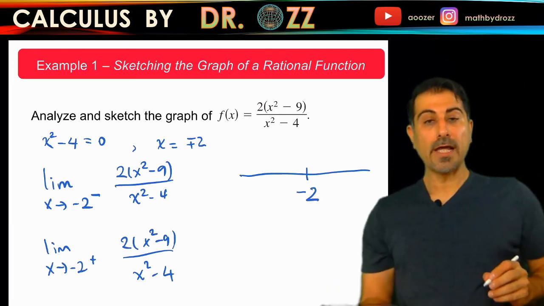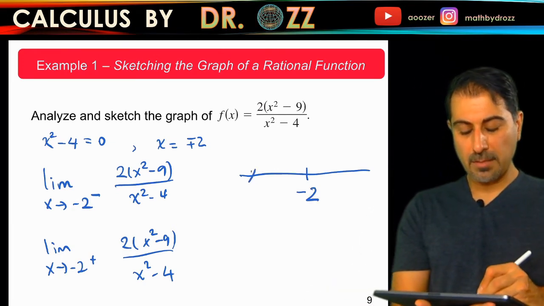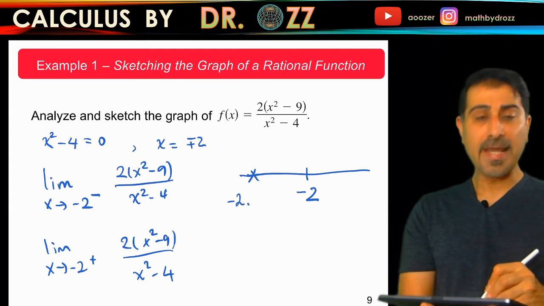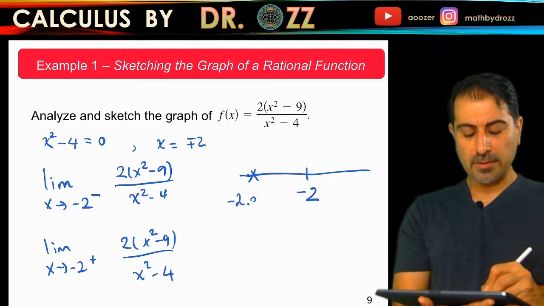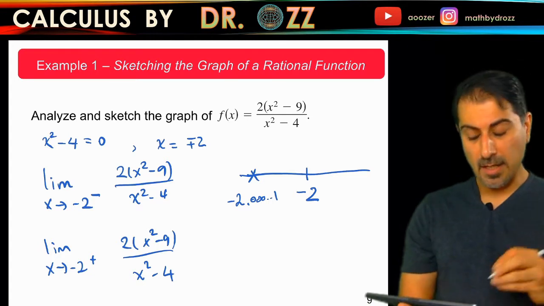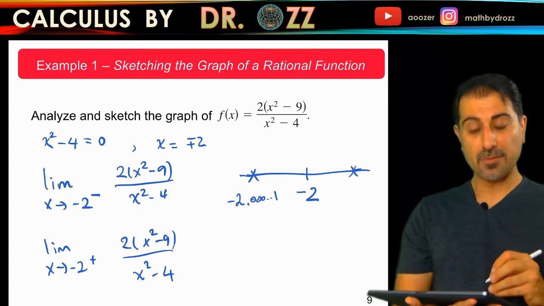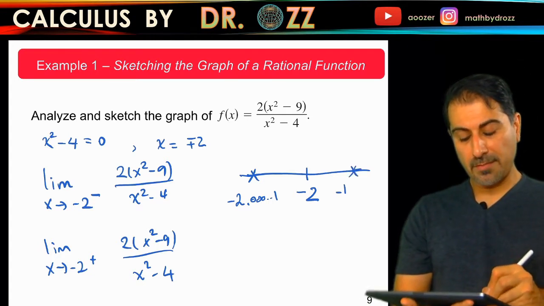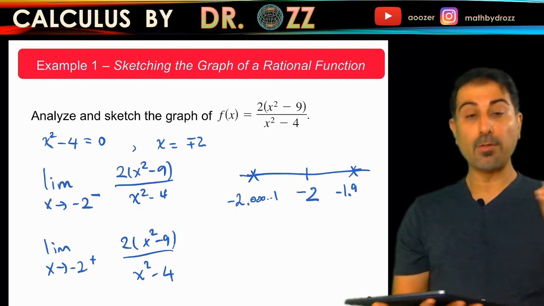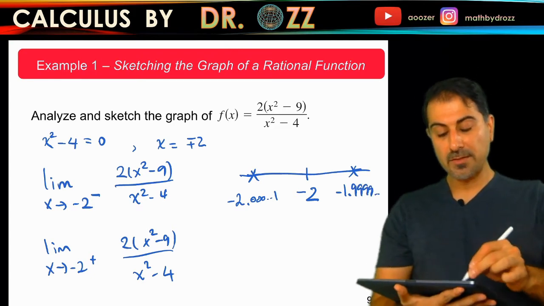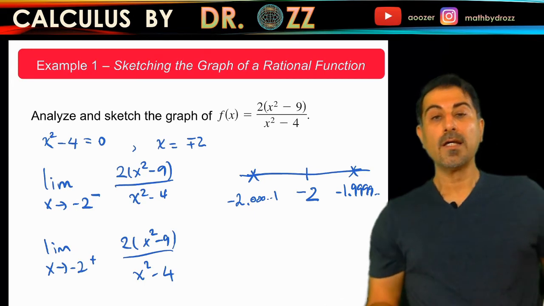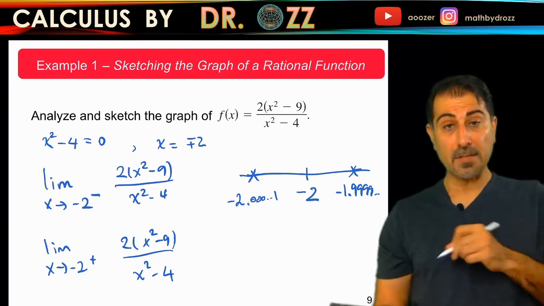If you are on the left of negative 2, you're talking about numbers of the form negative 2.0001. And if you are on the right of negative 2, you are talking about negative 1.9999. So all we're going to do is check the sign of infinity in both cases.